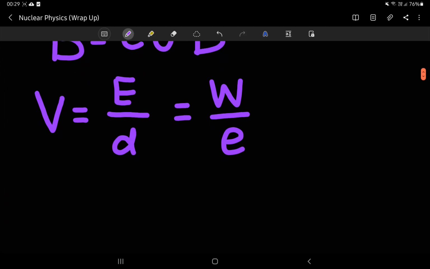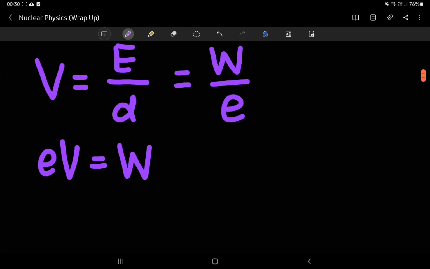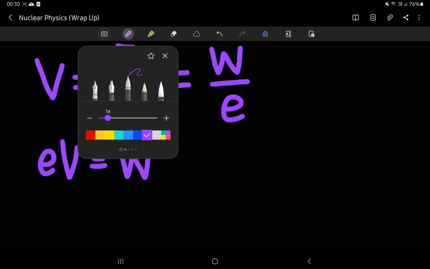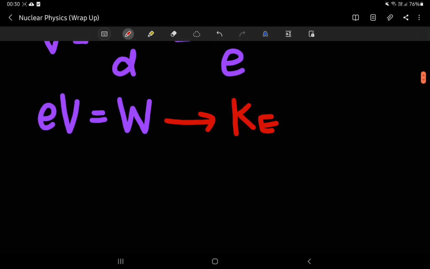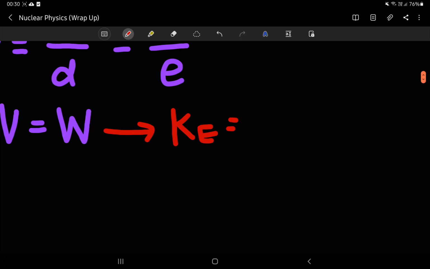So eV is the work done, and this work done is transferred into kinetic energy, KE, which is 1/2 mv squared.